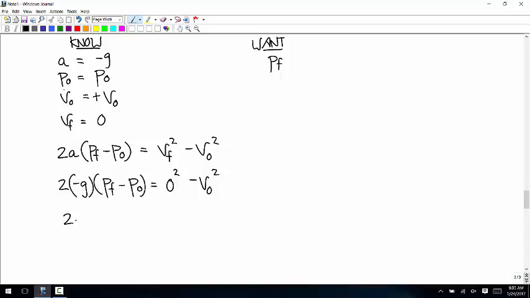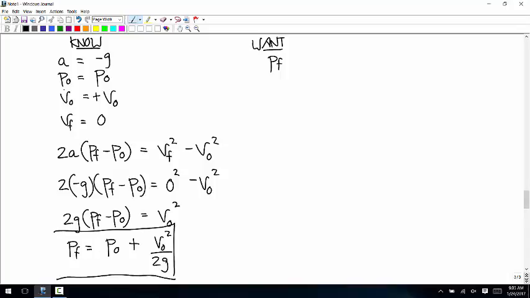So we have 2G times the quantity PF minus P0 is equal to V0 squared. And so PF is equal to P0 plus V0 squared over 2G. Any questions about that?